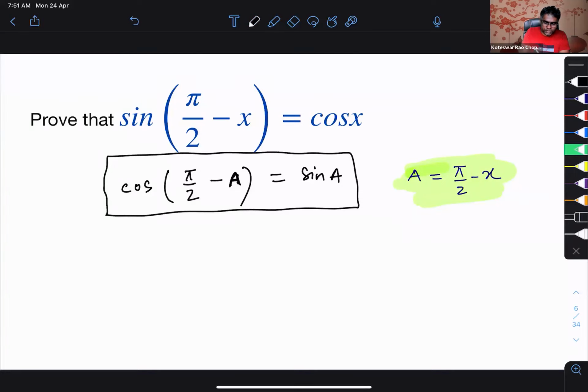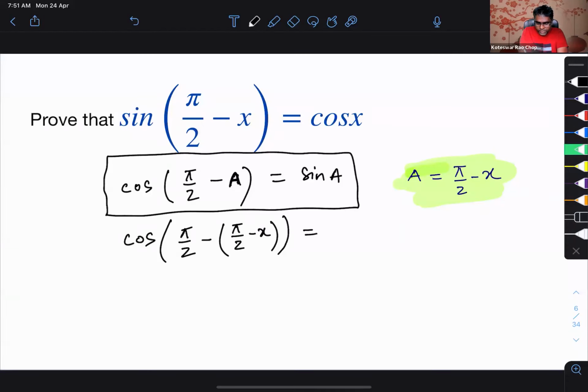So if I substitute, I have cos of pi by 2 minus pi by 2 plus x. Yes, that is what I'm proposing. This is what is actually done in your textbook also. So a is pi by 2 minus x, so we are taking pi by 2 minus pi by 2 minus x.